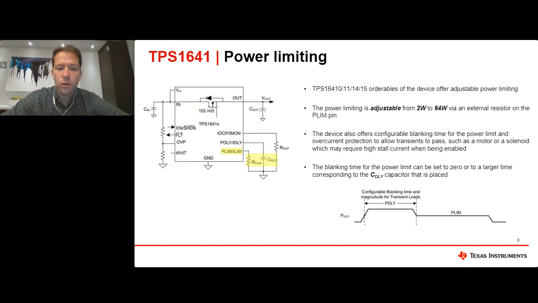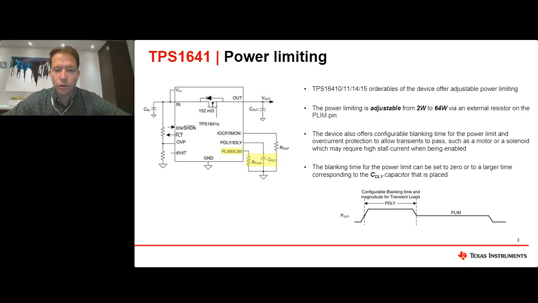The devices also offer configurable blanking time for the power limit and overcurrent protection to allow transients to pass. This could be, for example, a motor or a solenoid, which requires a high stall current. The blanking time for the power limit can be set to 0, so immediate, or it can be set to a larger time corresponding to the C delay capacitor that is placed at the P delay or I delay pin.